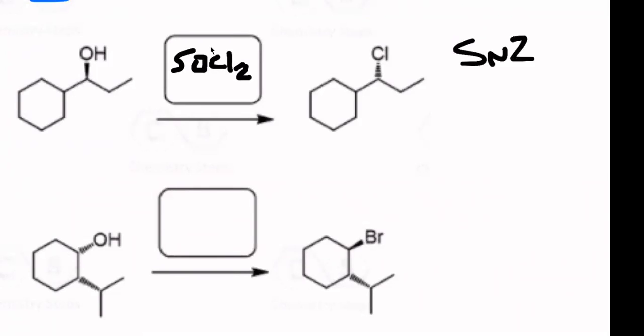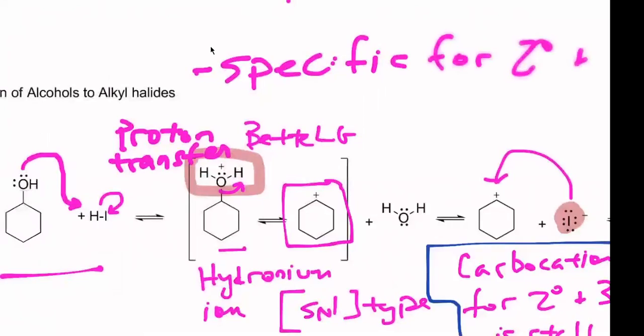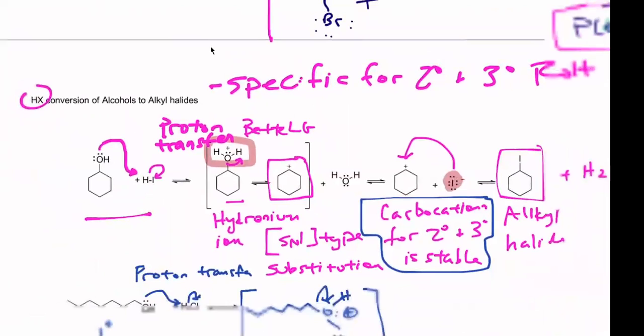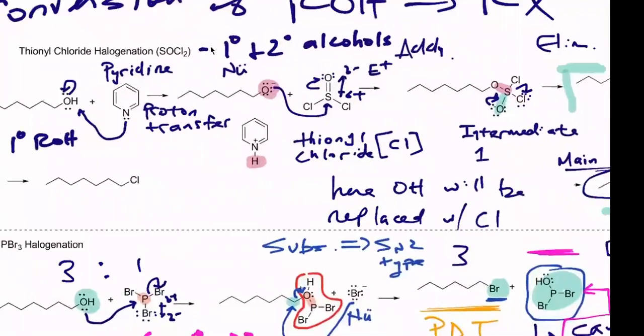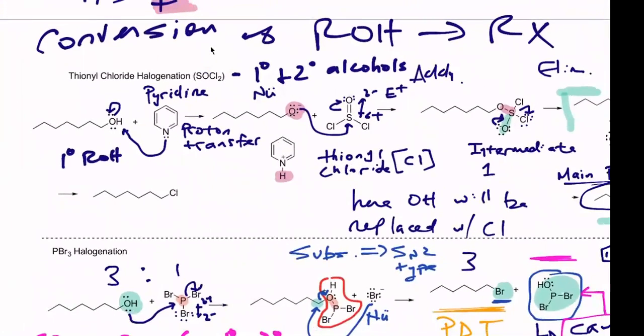Even when we discussed this, let me go back and refresh you, because when we discussed these mechanisms, we talked about the fact that they were either SN2 type or SN1 type. So right here, when we talked about the HX, we said it was an SN1 type mechanism. When we talked about the thionyl chloride mechanism, we said it was SN2 type.